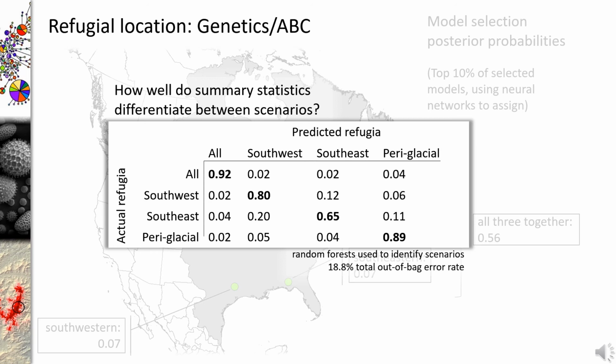So what I'm showing you here is the proportion of each of those 10,000 simulations for a particular arrangement of refugia that could be identified as belonging to that arrangement based solely on their summary statistics. And as you can see, the values along the diagonal are fairly high, especially for the paraglacial refugium and for the case when we have all three refugia at the same time. This gives us confidence that our summary statistics are capable of enabling us to differentiate between scenarios.